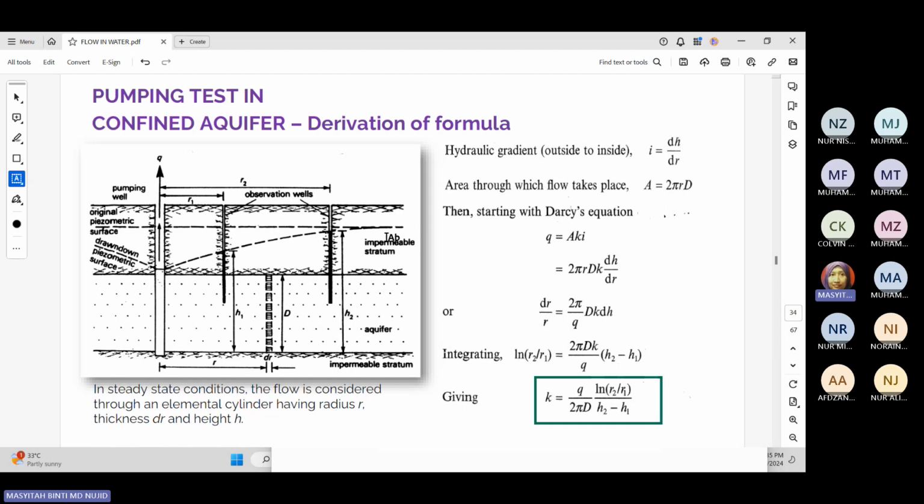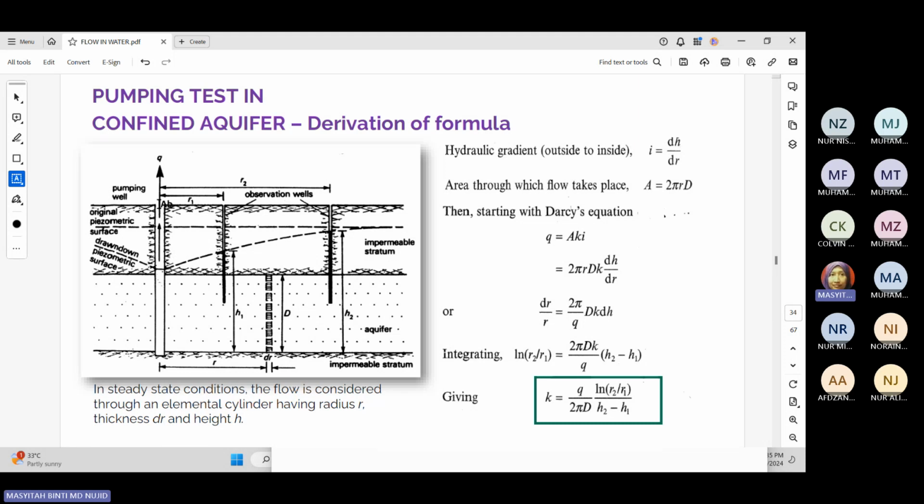Okay, dalam this condition pumping well kita duduk di bahagian kiri lah. Gambar sebelum tu pumping well duduk di sebelah kanan. H1, H2 benda yang sama lah, tinggi daripada reference stratum ataupun impermeable stratum sehinggalah water level in the observation well. So kena tahulah R1, R2.